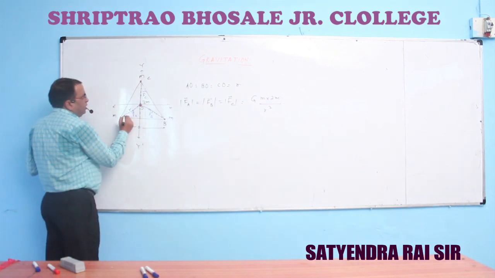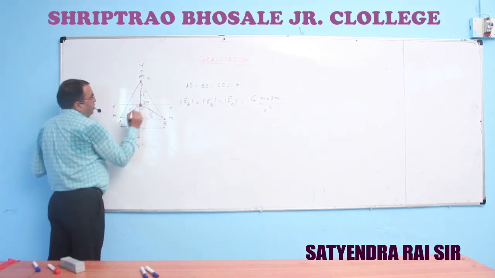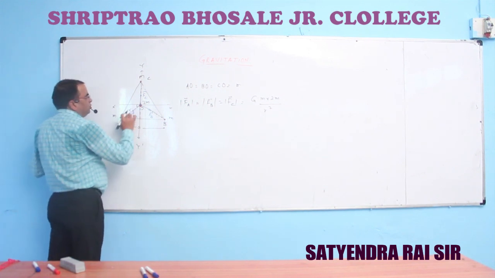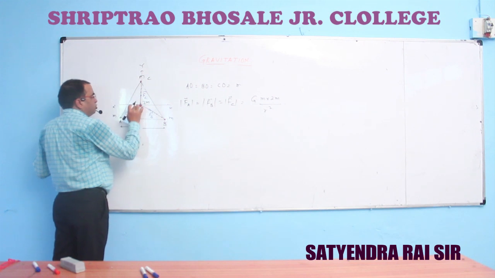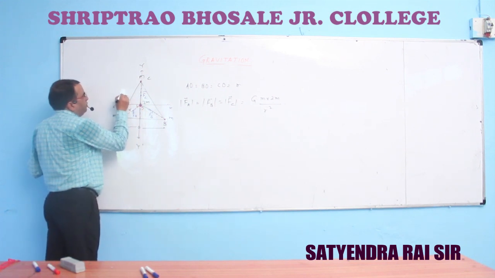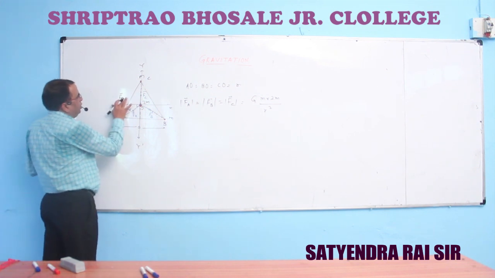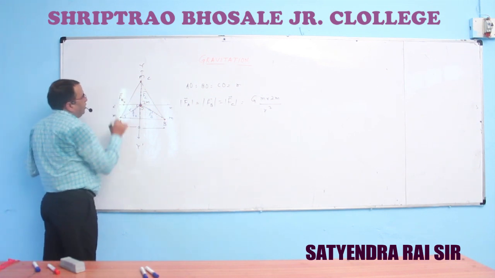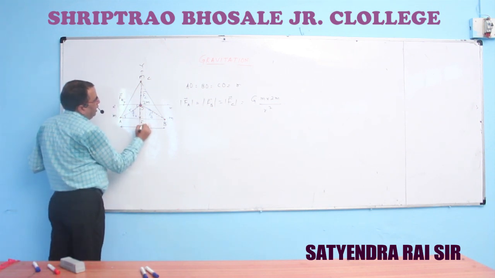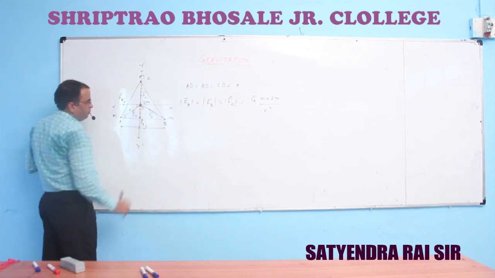This angle as usual is 30 degree, that is also 30 degree. Right? These two angles are equal. So this is 30 degree, that is also 30, and here we have FAx. FA along x-axis, and here we have FA along y-axis.